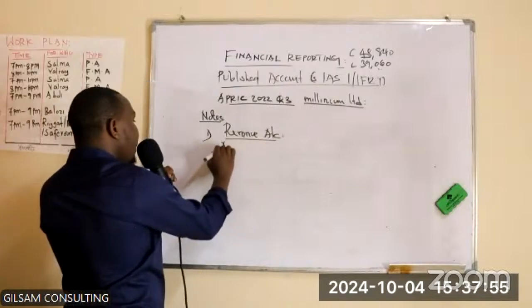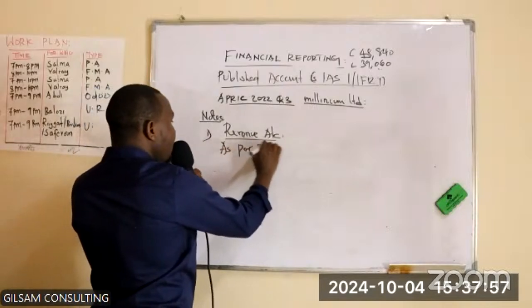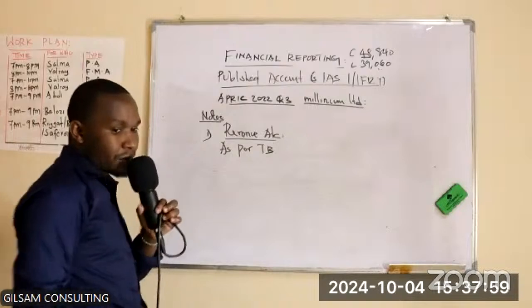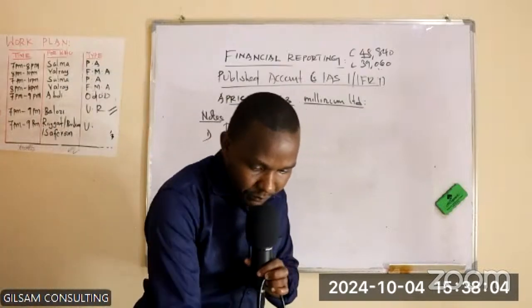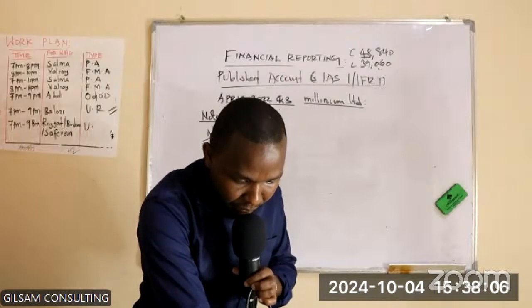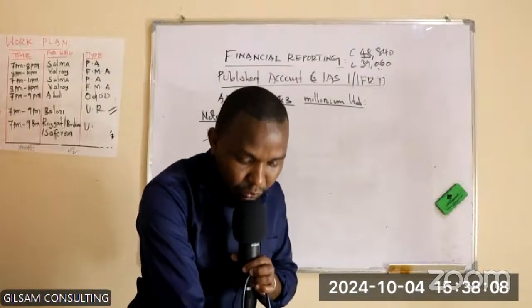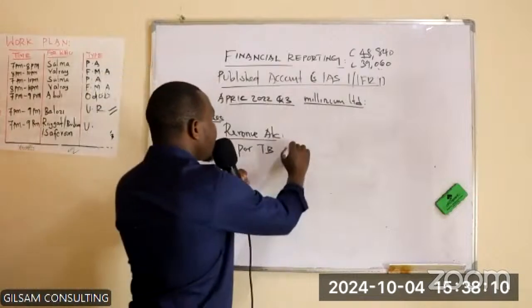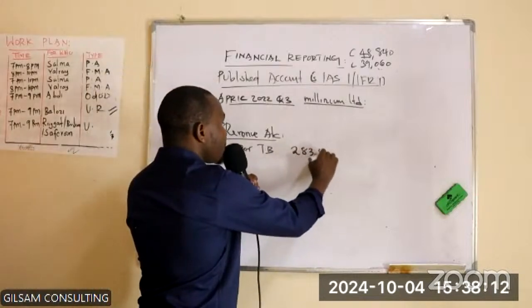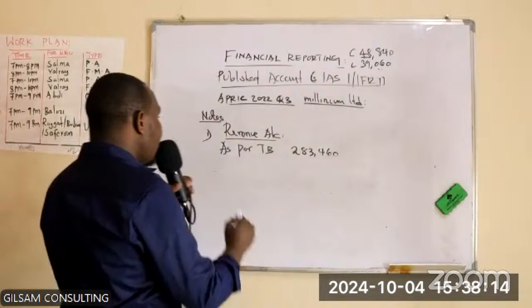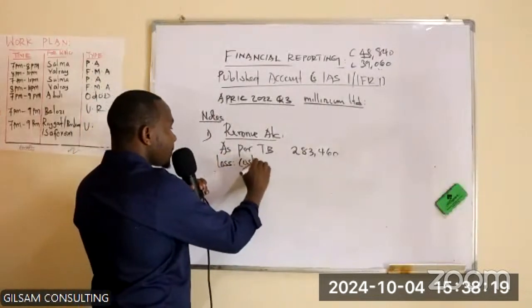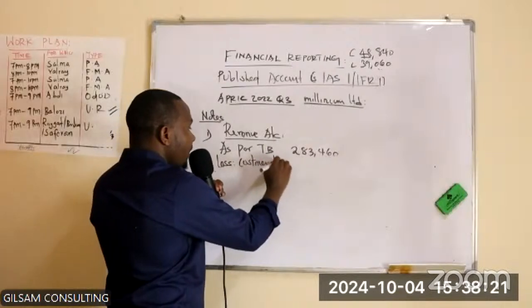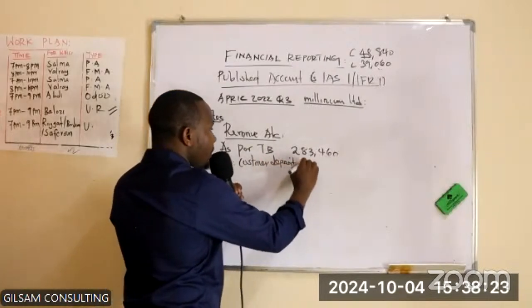So tutaandika hapa as per trial balance, as per the TB. What is the revenue as per the trial balance? The revenue as per trial balance there, I can see 283,486. I will subtract the customers' deposits.